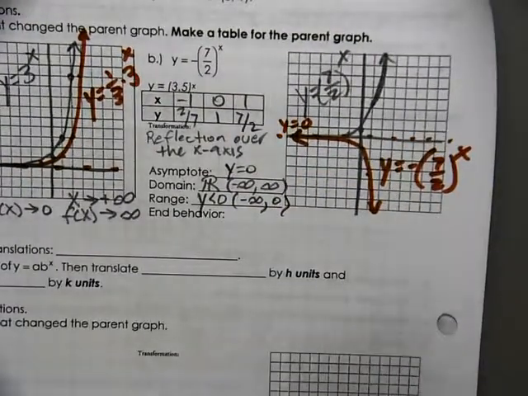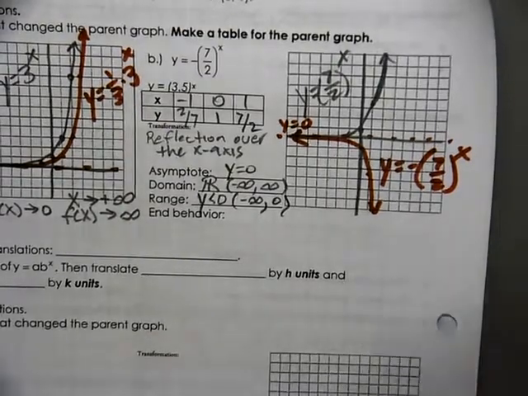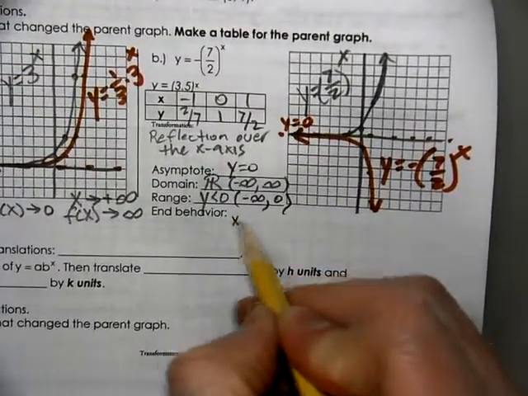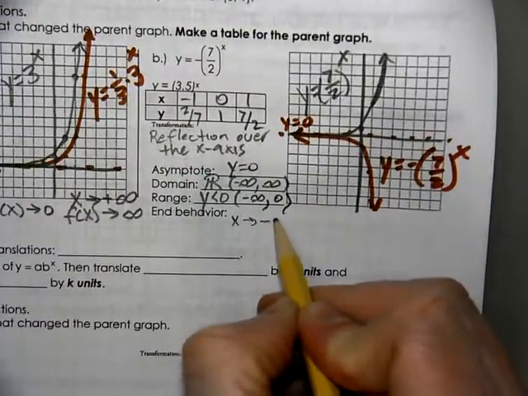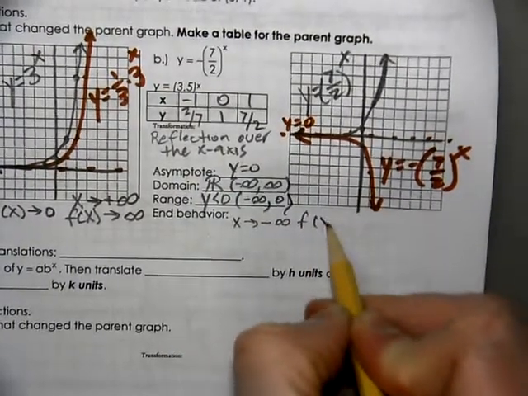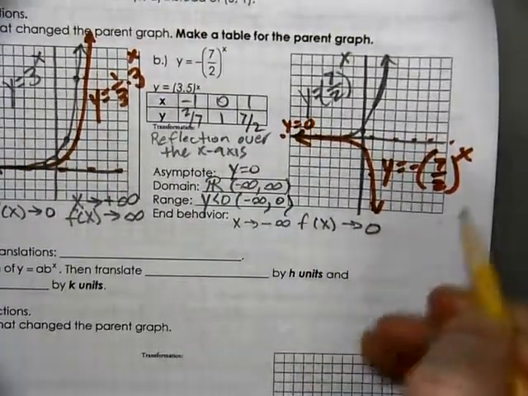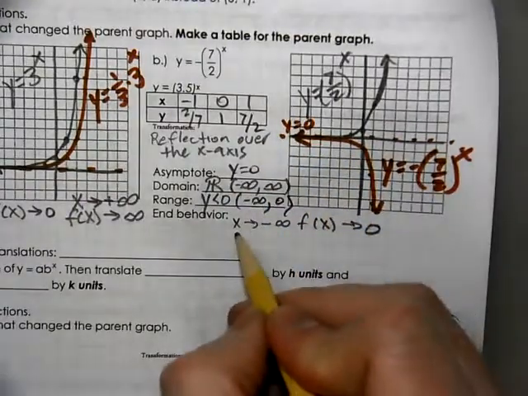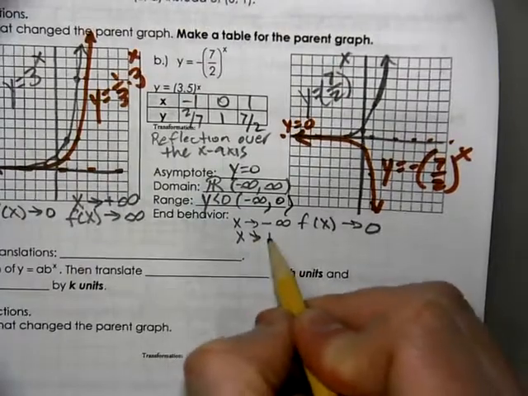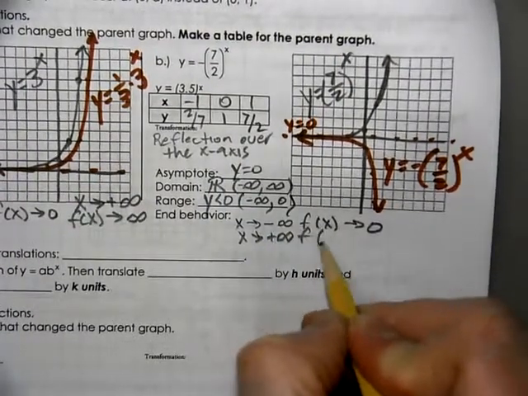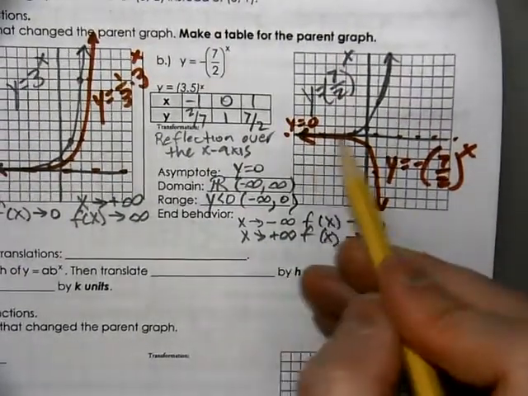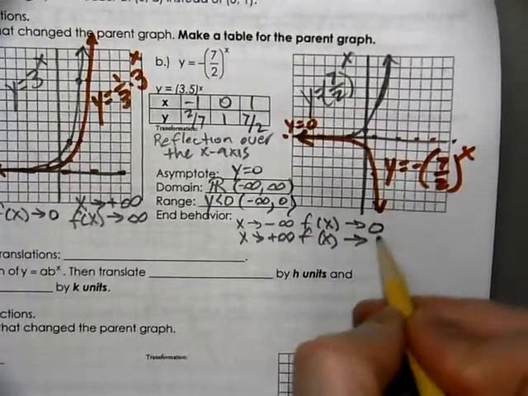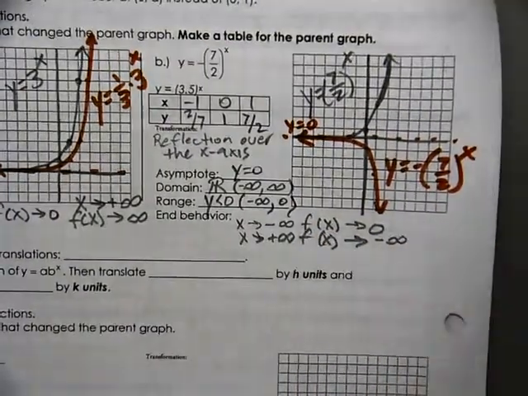So that would be how you would write the interval notation. As x approaches negative infinity, the function is approaching 0. As x moves to the left, the function is going up towards 0. As x approaches positive infinity, notice that when we go to the right, the function is going down, is going to negative infinity.